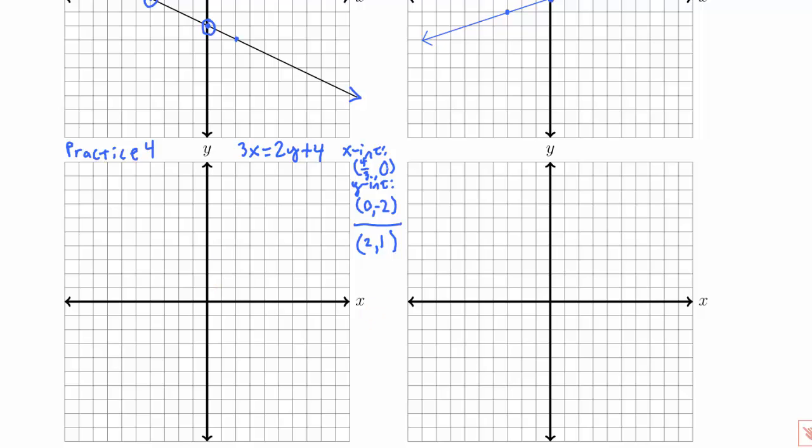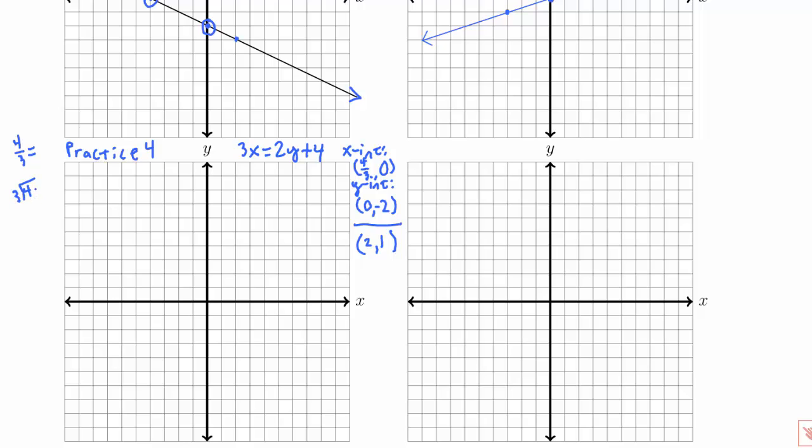Now (4/3, 0). Here's the thing, I'm perfectly fine with you leaving this as 4/3 for your answer. However, to graph it, you do need to be able to put this into mixed number form. So 4/3 is equal to something in mixed form. To do that, we actually do the division. It is the top divided by the bottom.